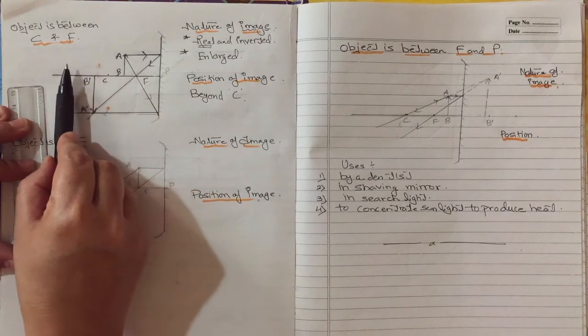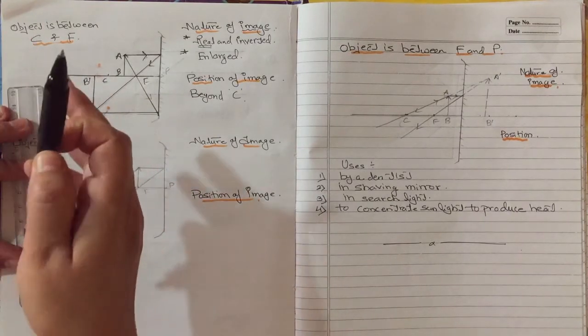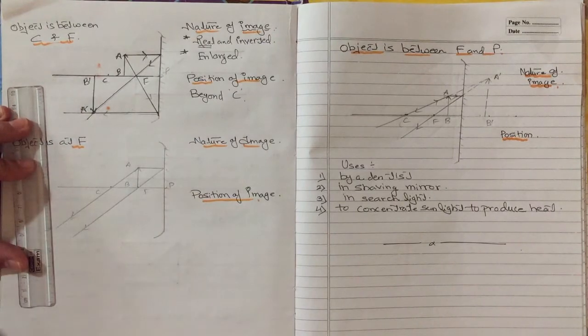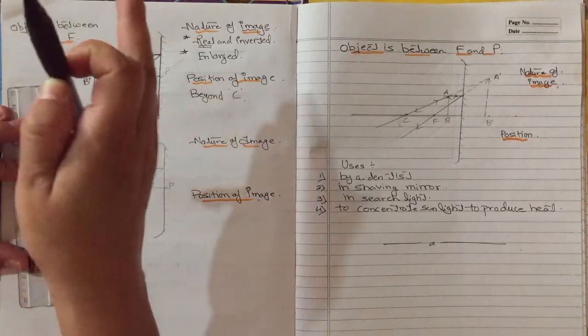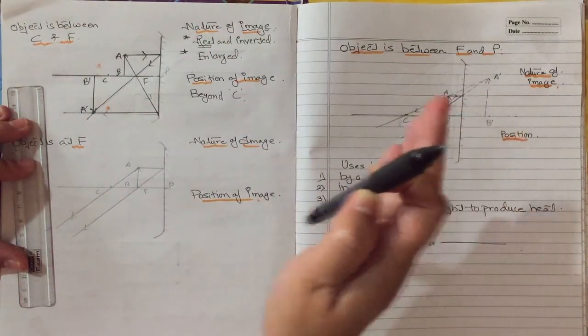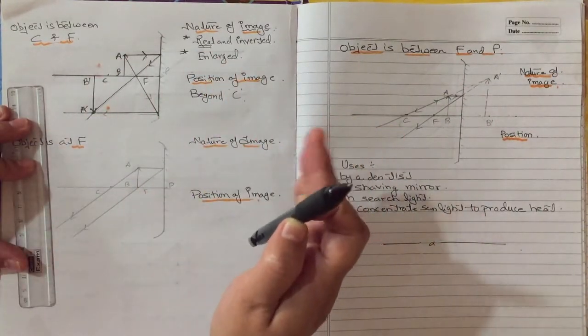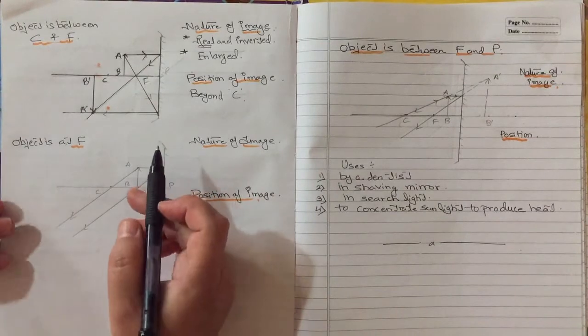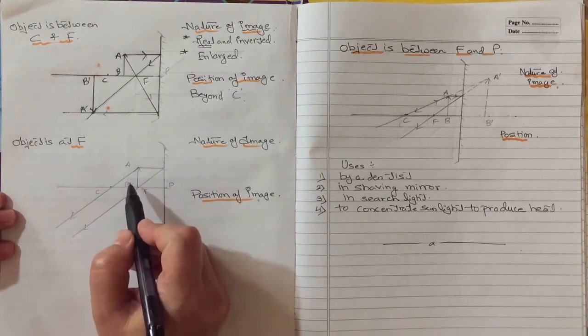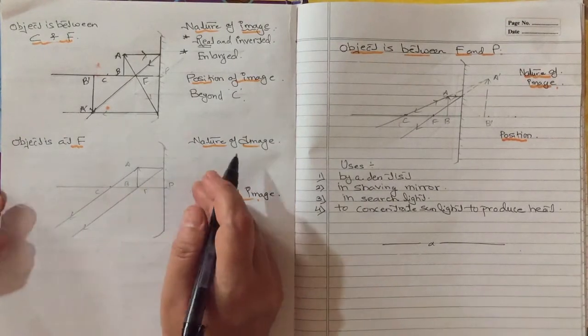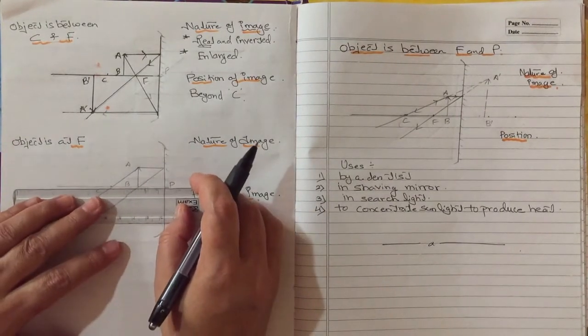Images are not moving, in fact, they are formed away from the mirror as the object is coming towards the mirror. So these two things are going in an opposite way. Okay. So let's see what about the object when it is placed at the focus. So when the object is at focus, let's draw a ray diagram.